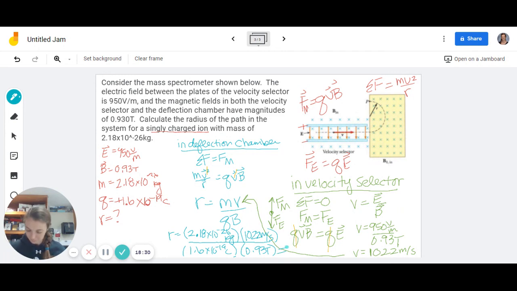So the answer that I get is 1.5 times 10 to the negative 4th meters. That is my answer.